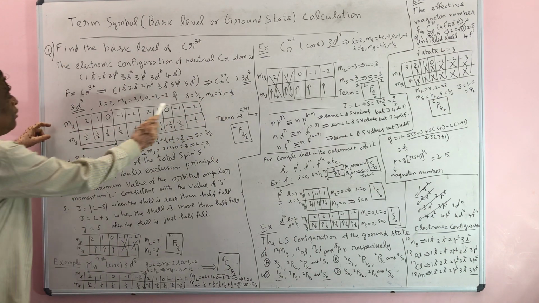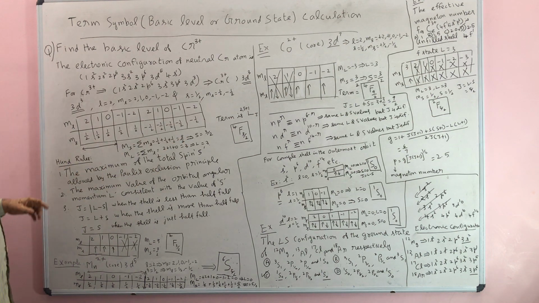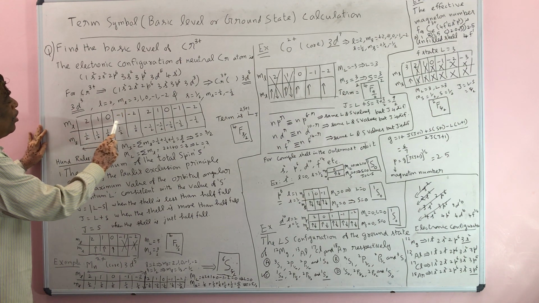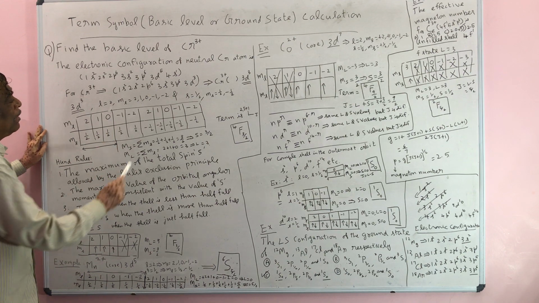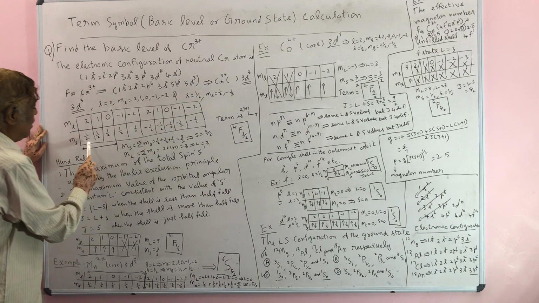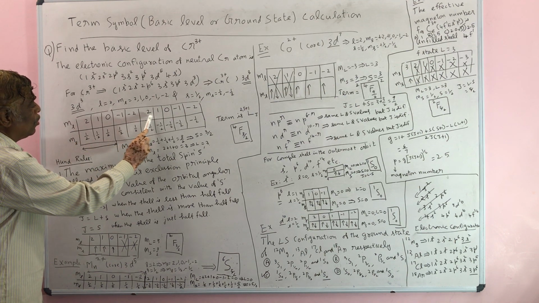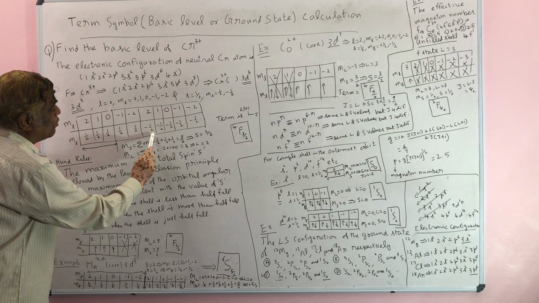Now let us form a table. This is the magnetic moment with the orbital motion, this is the magnetic moment with the spin. So ml runs from 2, 1, 0, minus 1, minus 2 with spin plus half, and ml is equal to 2, 1, 0, minus 1, minus 2 with spin minus half.